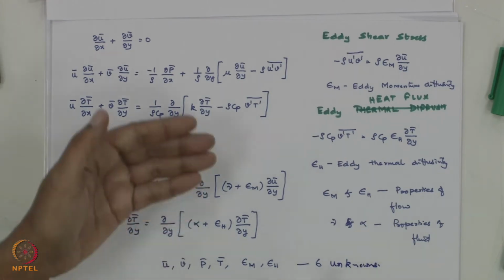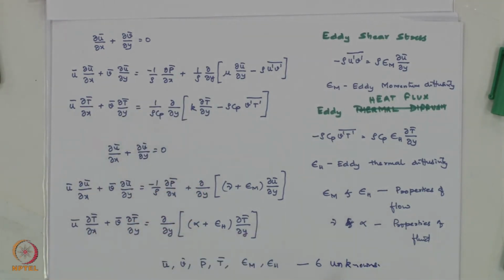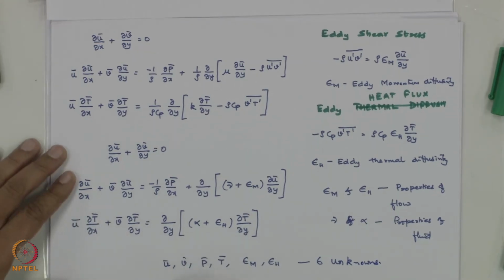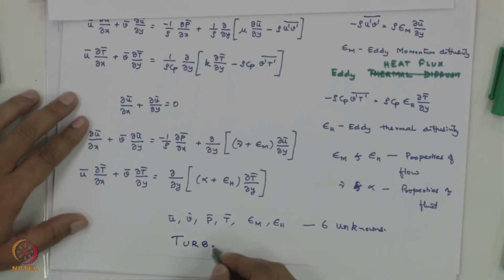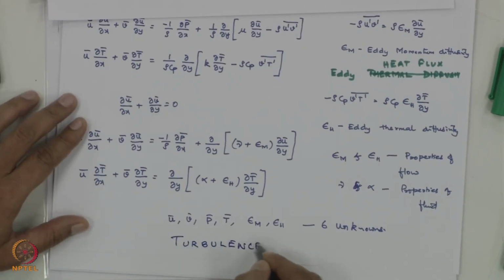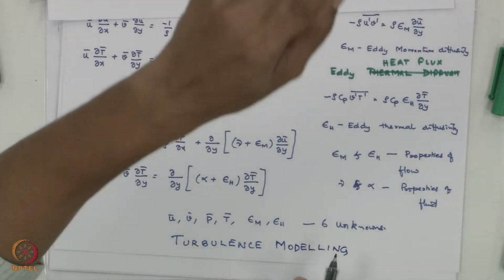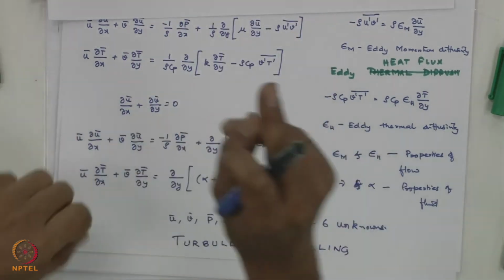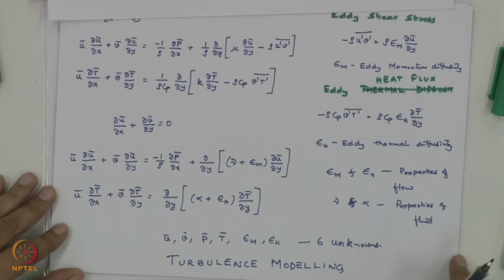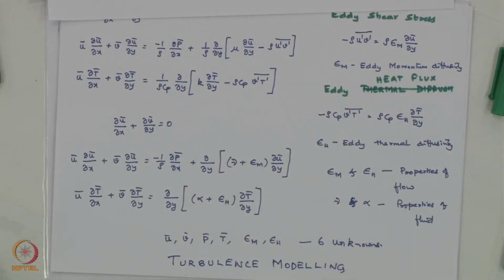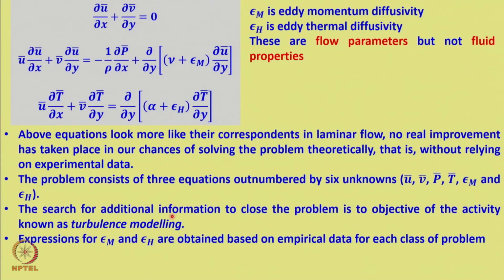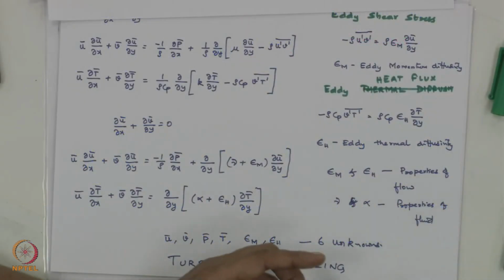So how to close these equations is what is termed turbulence modeling. This is epsilon m and epsilon h, which are based on empirical data. So this is where we will stop and continue this in the next module.